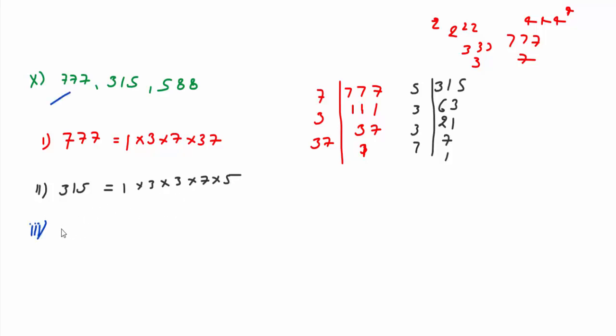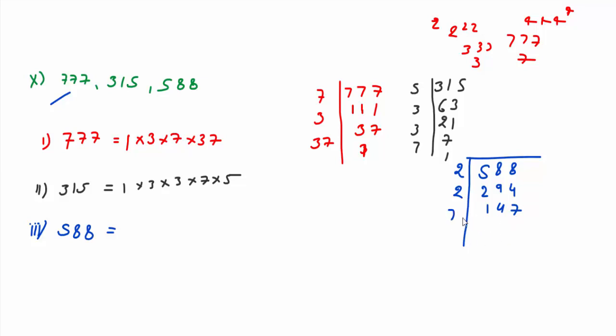And the third one given is 588. Let us find out the factors of 588. As you know, students, the unit place is 8, so start division by 2. 2 2s are 4, 2 9s are 18, 2 4s are 8. Again 4, 2 1s are 2, 2 4s are 8, 2 7s are 14. Now students, this is 147. 14 and 7, you can start with 7.